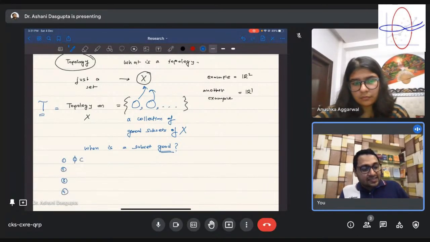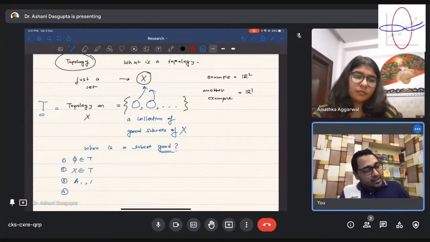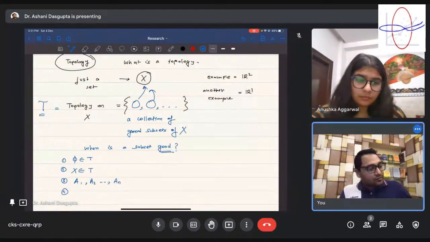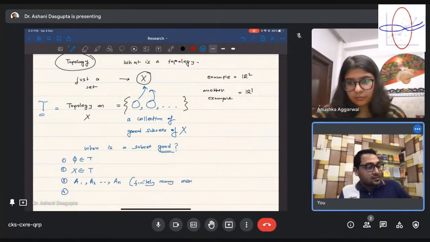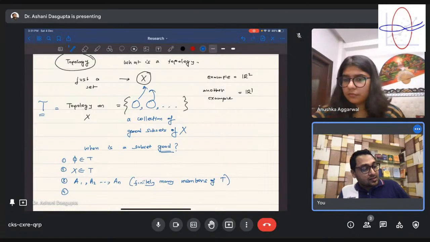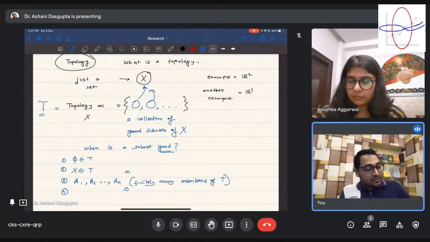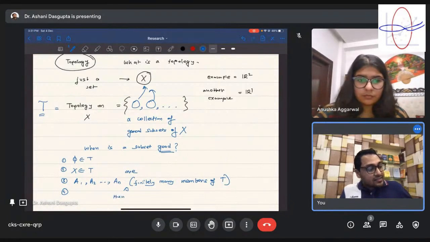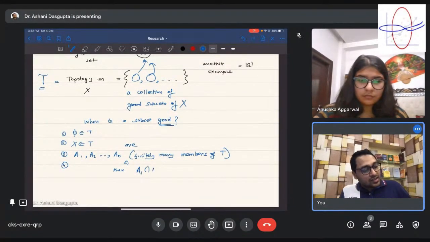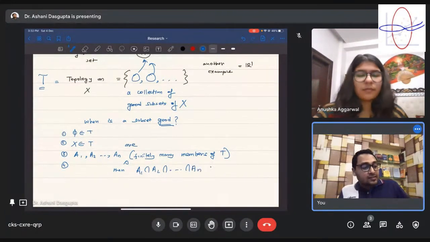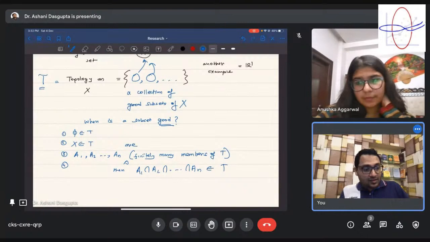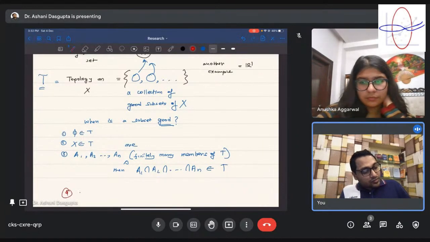The empty set is inside T, the entire set is inside T. If A1, A2 up to AN, finitely many members of T, then their intersection, that is A1 intersection A2 intersection up to AN, is also inside T. And moreover, there is a distinction in the fourth case.